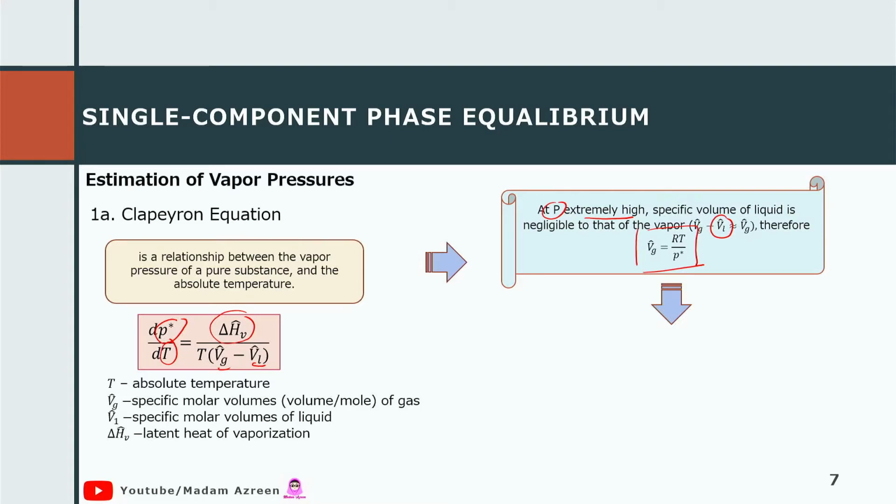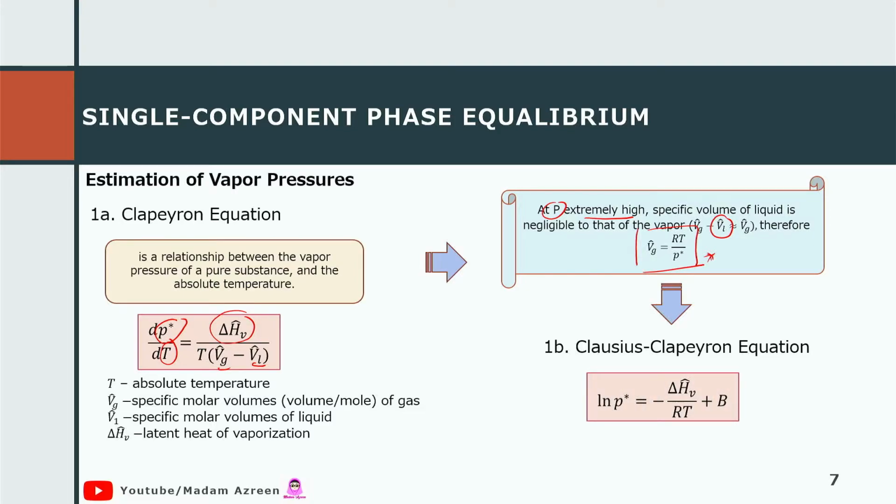The gas phase is dominant, so they substitute with PV equals nRT from last time. They do some modification and come to another equation called the Clausius-Clapeyron equation, and this is that equation. B is a constant that differs from one substance to another. This is the first equation.